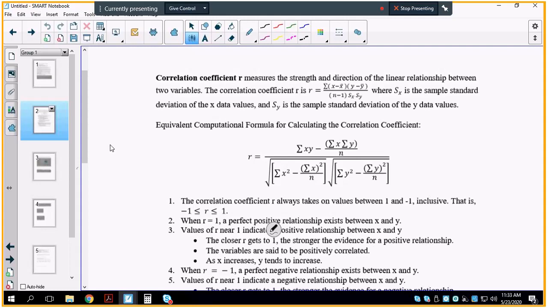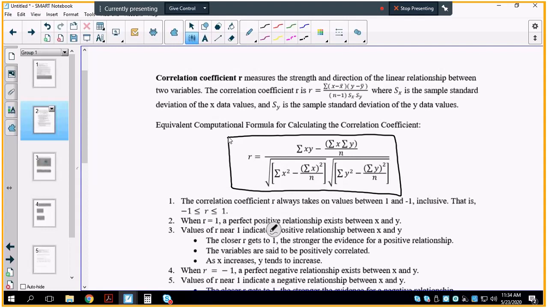The calculation formula, or the formula that generally will be used to find a correlation coefficient, is given by this. This formula says, in order to calculate the correlation coefficient, you multiply each x data by the corresponding y data and then subtract the sum of all the x data multiplied by the sum of all y data divided by the sample size.